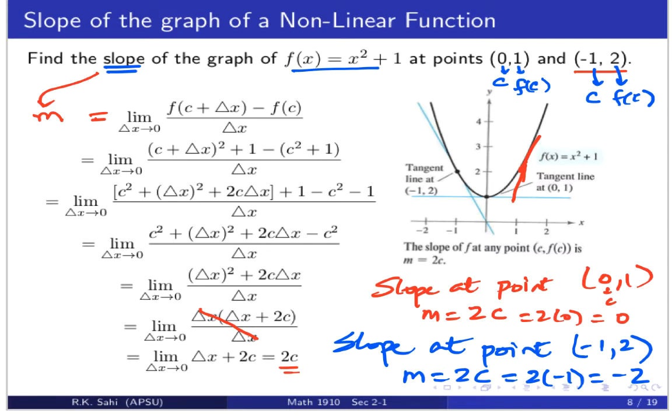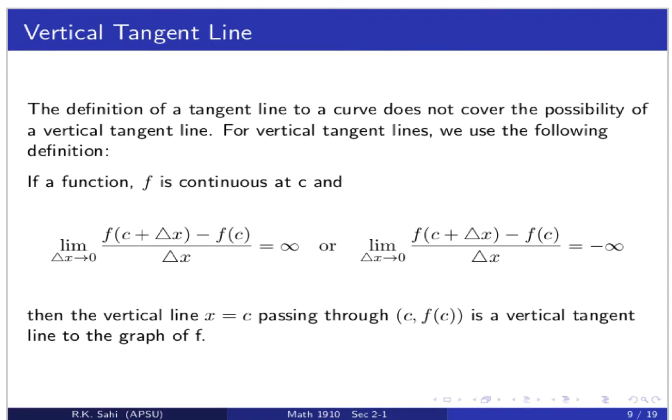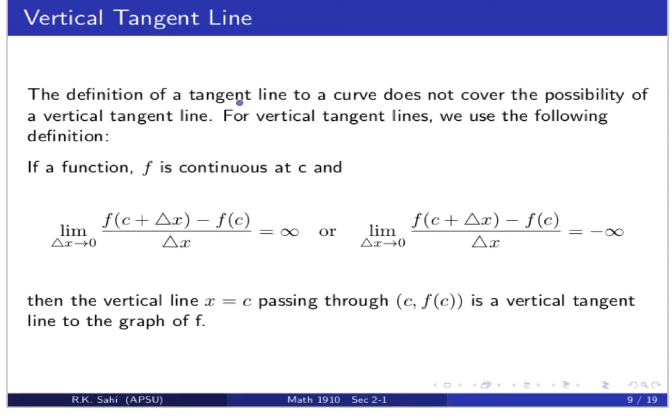Okay. Now let's look at a vertical tangent line. The definition of the tangent line we have just talked about is not covering the possibility of a vertical tangent line. For a vertical tangent line, we have to have a slightly different definition.